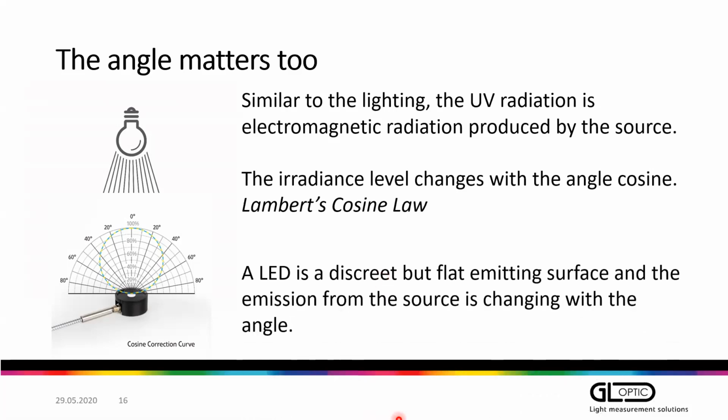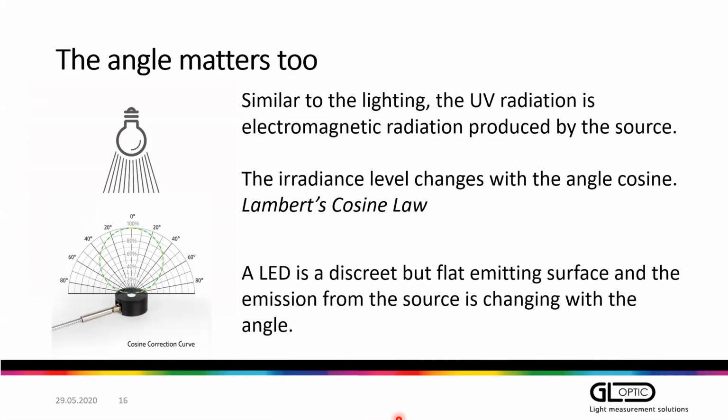So LEDs are small and flat emitting surfaces. So their primary distribution is Lambertian-like. It's never ideally Lambertian, but let's say it's a good assumption at the beginning. In reality, LEDs in the UV are usually available with optics installed in front of the LED chip, and then the distribution is already modified.